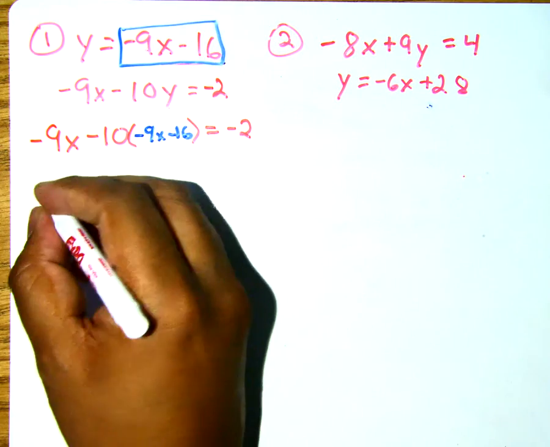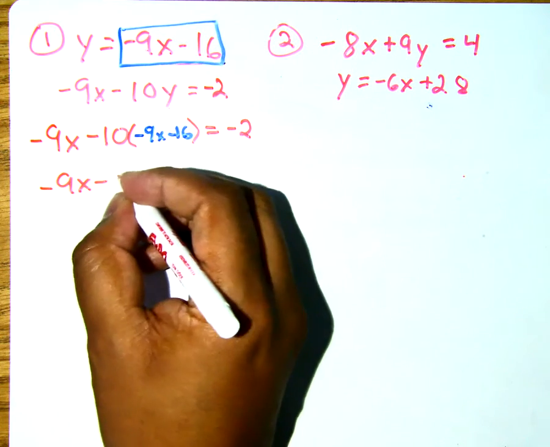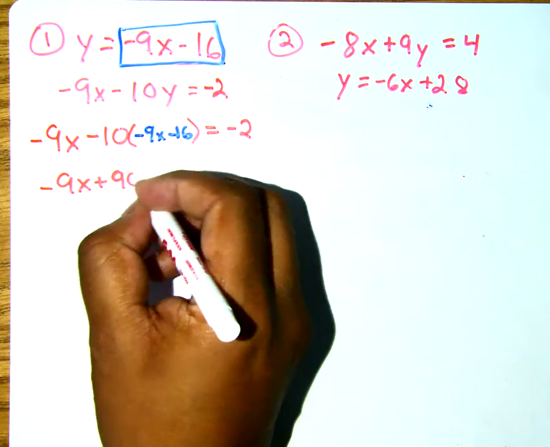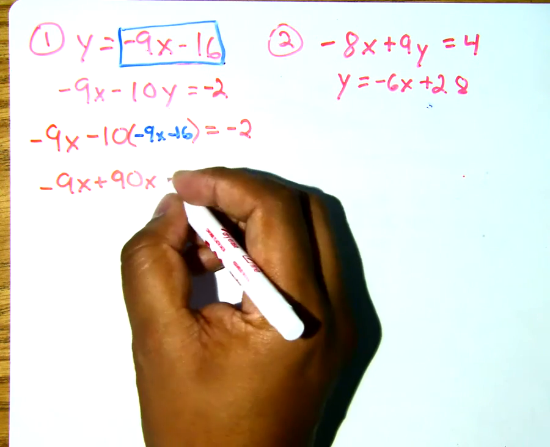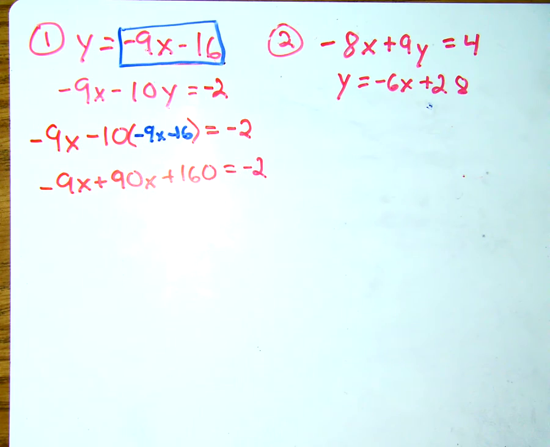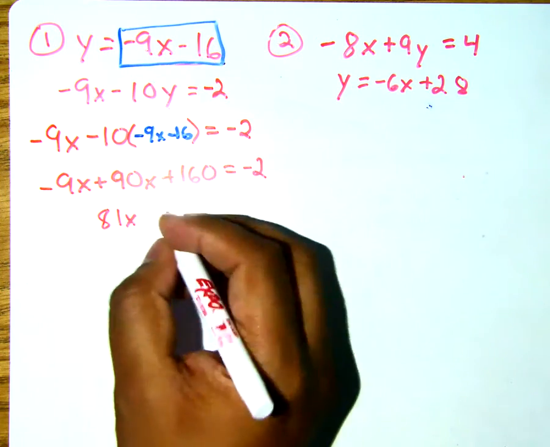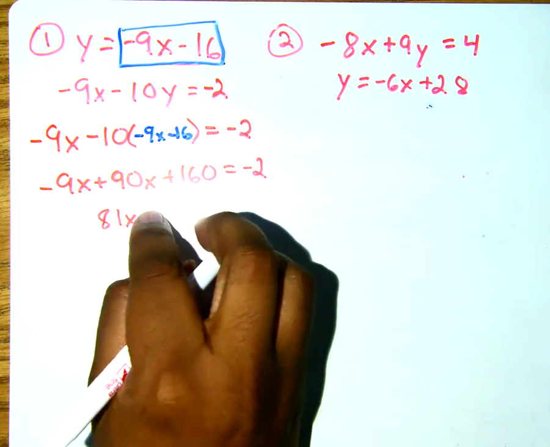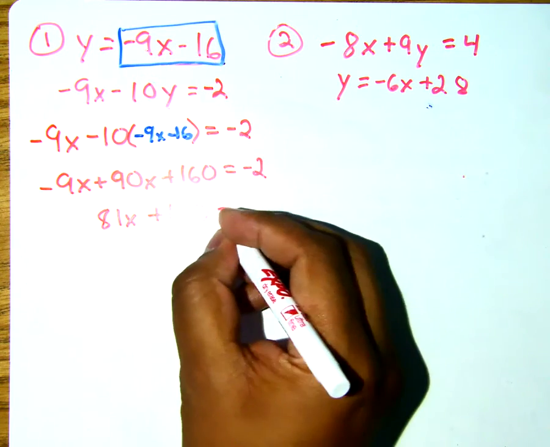I'm going to go ahead and bring down this negative 9x, distribute my negative 10 to get negative 90, actually positive 90x plus 160 is equal to negative 2. Okay, combine these terms, that'll give me a positive 81x plus 160 is equal to negative 2.